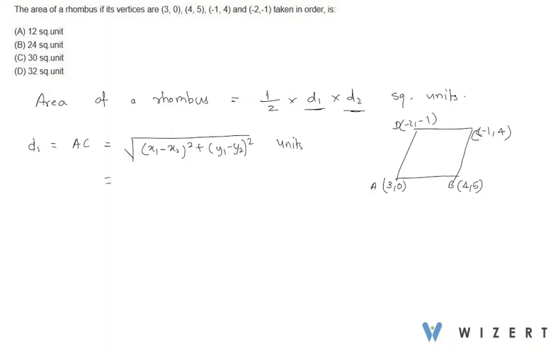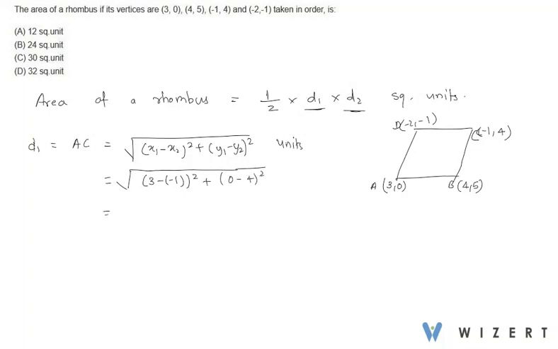So that is x1 is 3, under root of (3 minus of minus 1) whole square plus (0 minus 4) whole square.